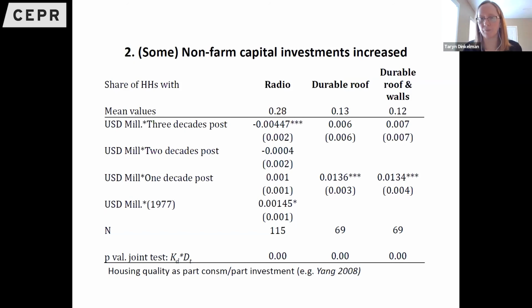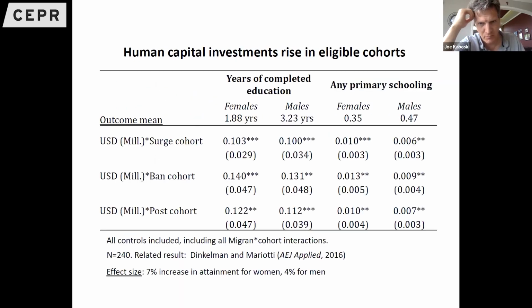And then one more question is just on the table with the human capital investments. You mentioned that it's related to your AEJ Applied paper. If that was the case, the AEJ Applied paper was looking at direct impacts on human capital, and this is looking at impacts on human capital through this money? Right, so the other paper used the same shock, but we were using the data in a different way, looking at differences across recruiting station districts and non-recruiting station districts.